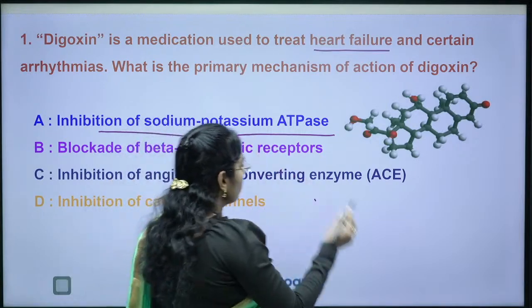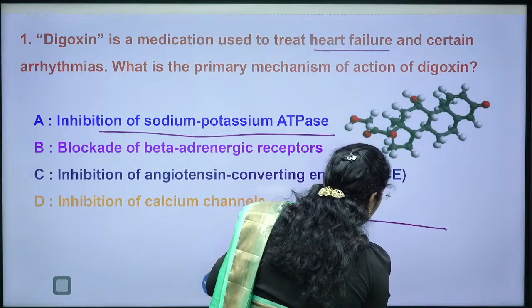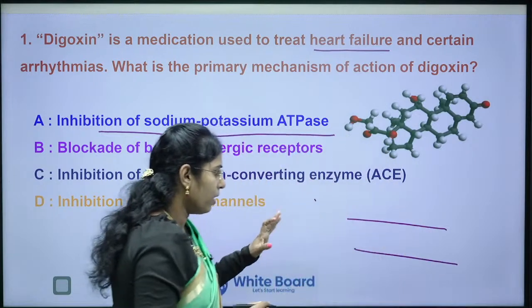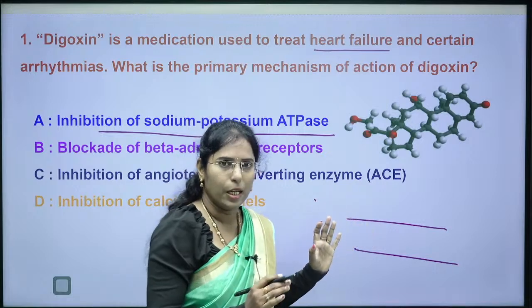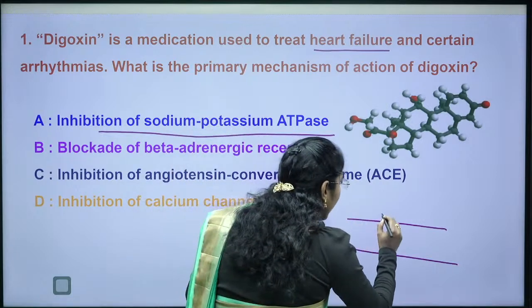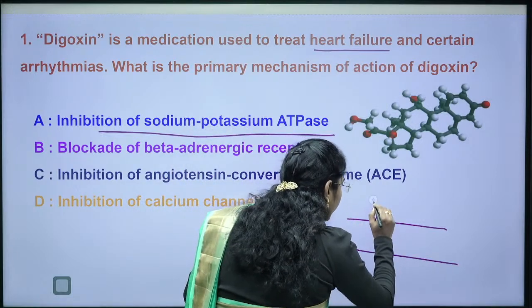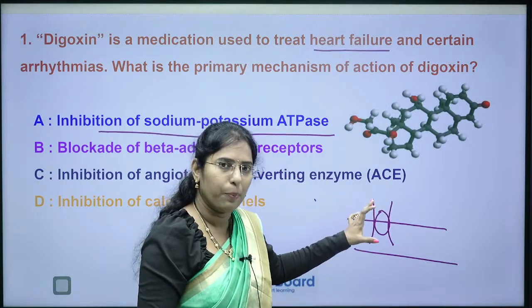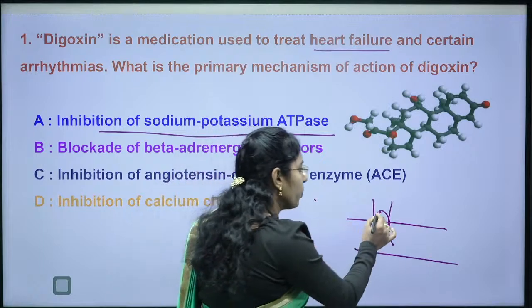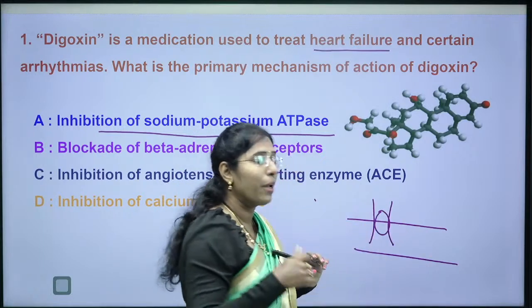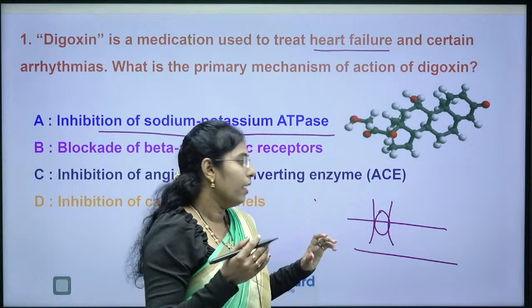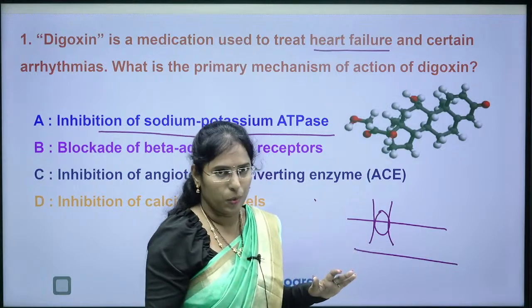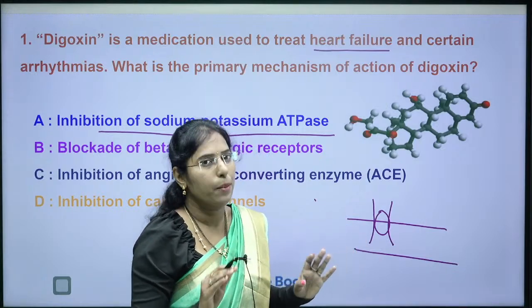So what is this sodium potassium ATPase pump? It is considered a myocardial membrane protein, present in the cell membrane, and mainly responsible for nerve impulse transmission and for maintaining the membrane potential.